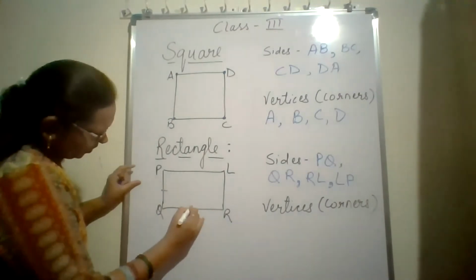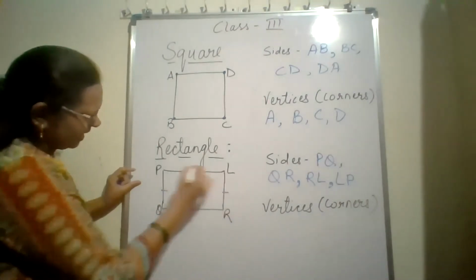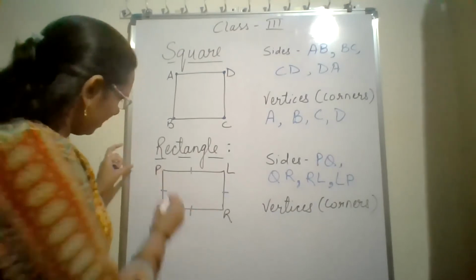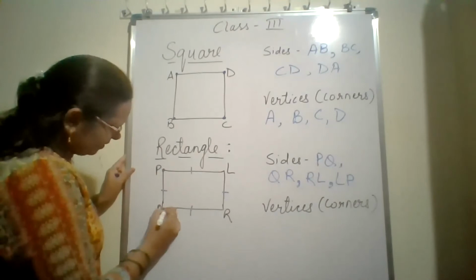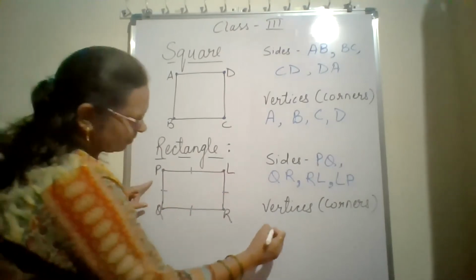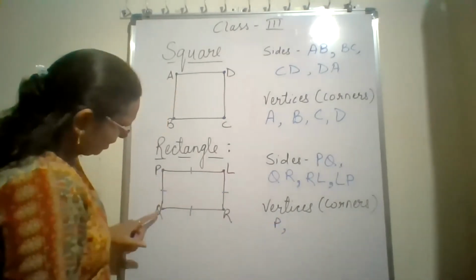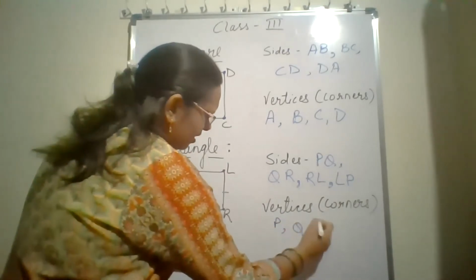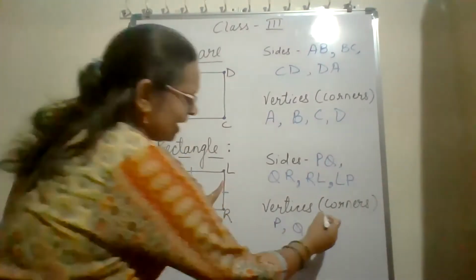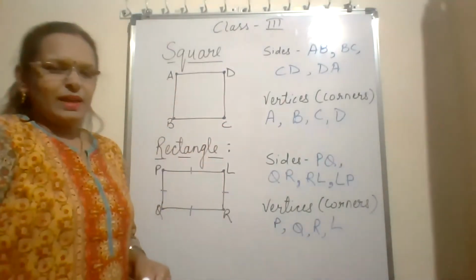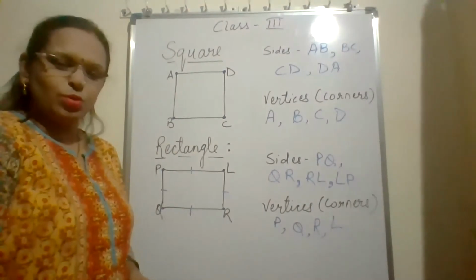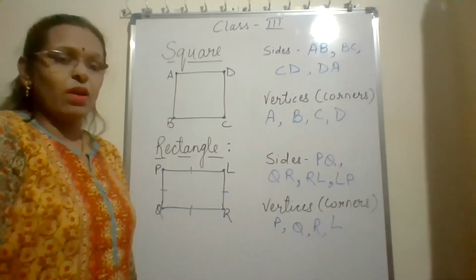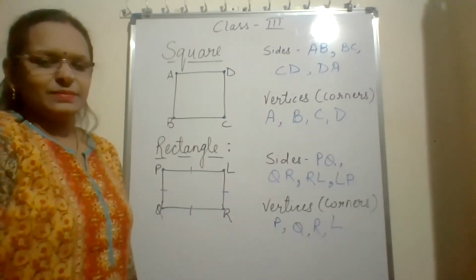And how many vertices are there? Four corners: point P, vertex Q, vertex R, and vertex L. I hope it is clear to you how to find the sides and corners or vertices of a square and rectangle.